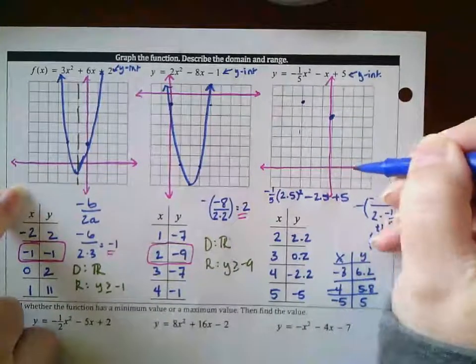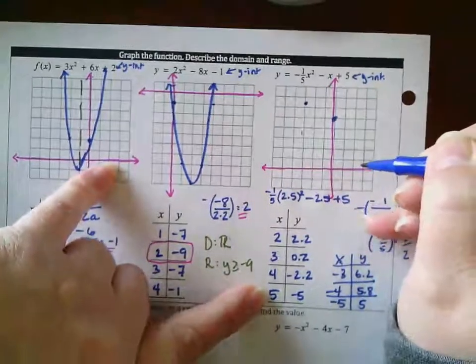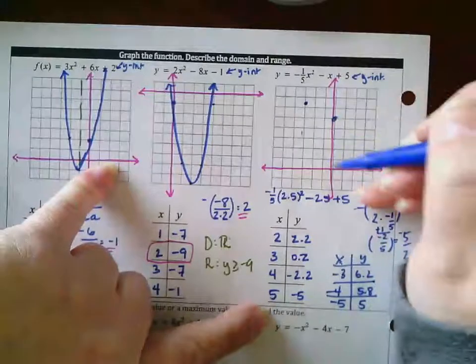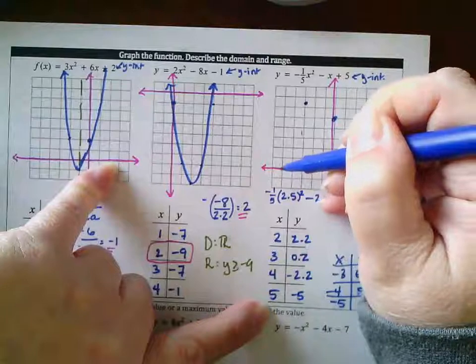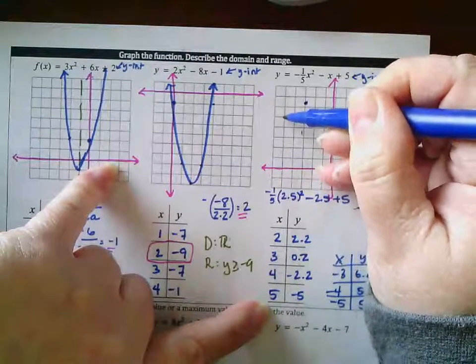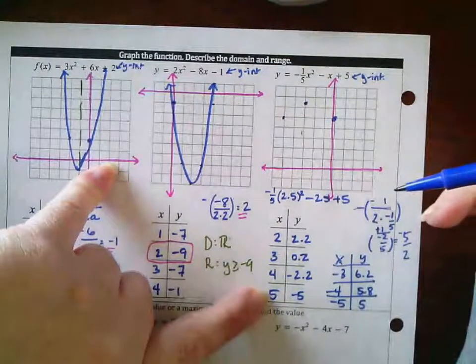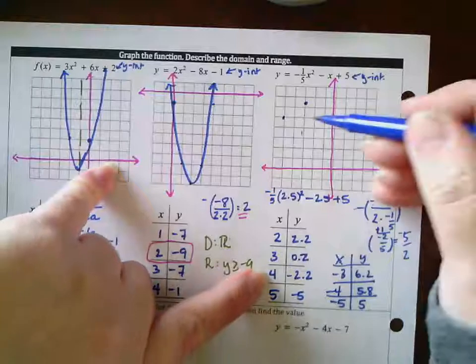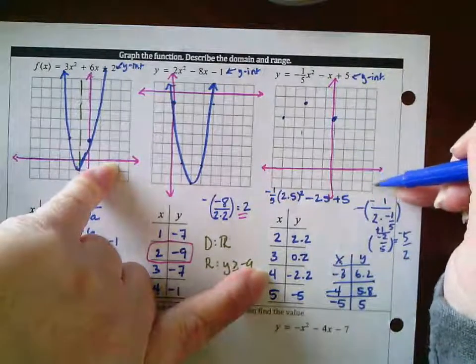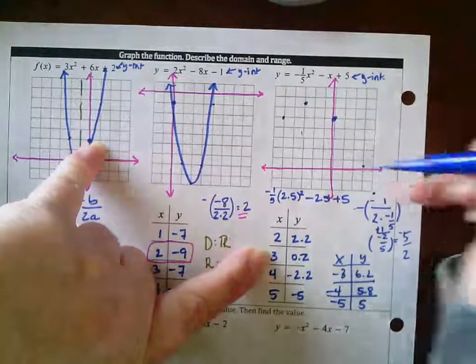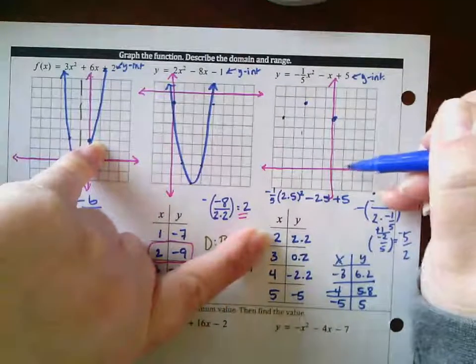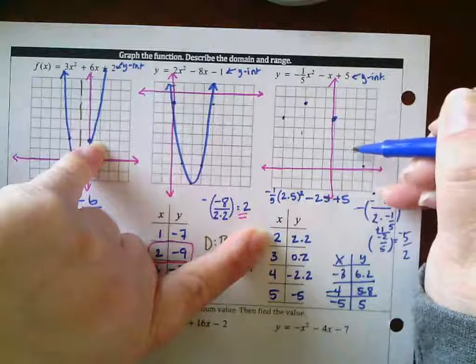So like you have -5, which is here. You have -5, 1, 2, 3, 4, 5, and that one's at 5. So you can see how wide this graph gets. And then 4 is at like -2.2 all the way down here. 3 is kind of right here, and 2 would be right about here.